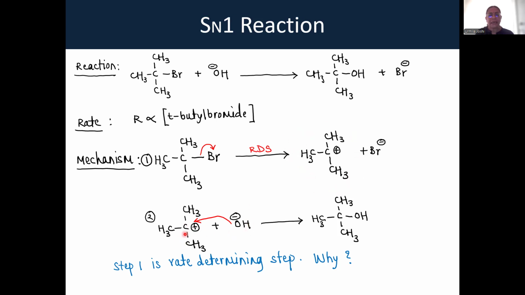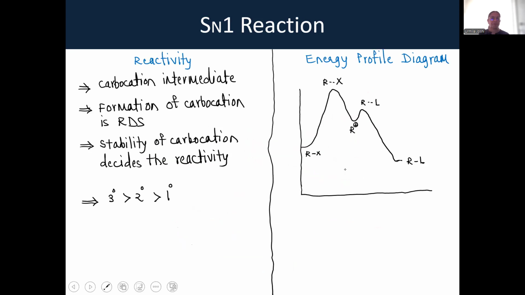What happens in the second step? There is a positively charged structure attacked by a negatively charged structure. This reaction is very, very simple. But the first step, where a charged intermediate is formed, is a time-consuming reaction, and therefore it is called the rate determining step. This requires time and energy.